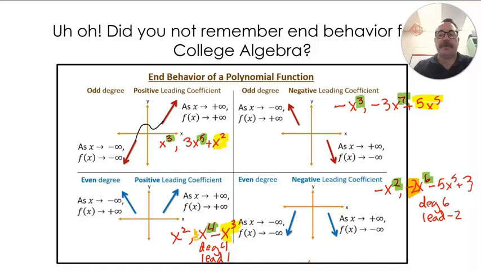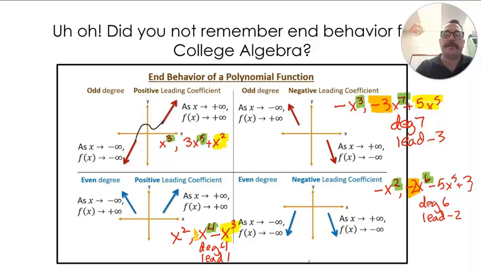All right, moving on up to odd degree negative leading coefficient. Highest degree term is a 7 for that one. So it has a lead term of -3. So this polynomial right here would be degree 7, and it would have a lead term of -3.